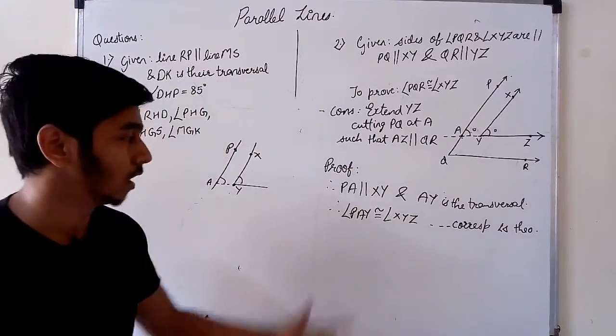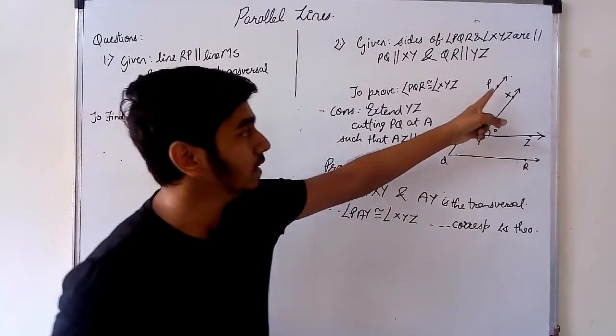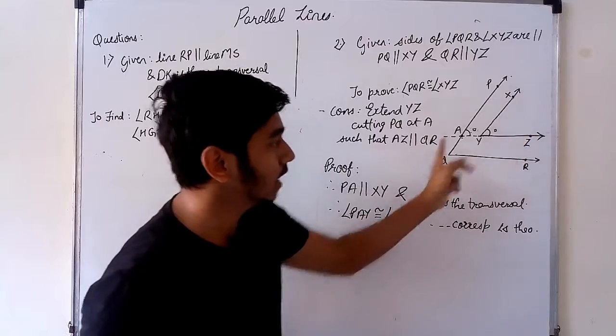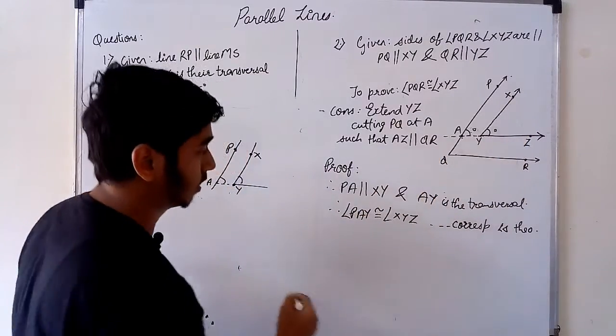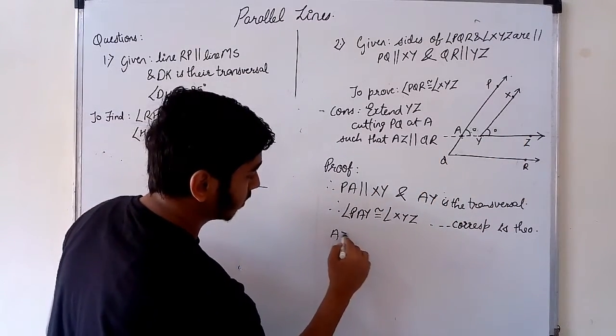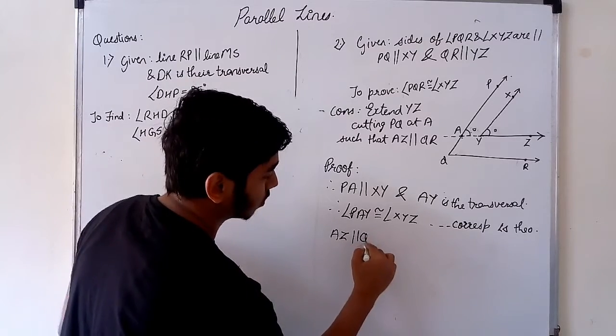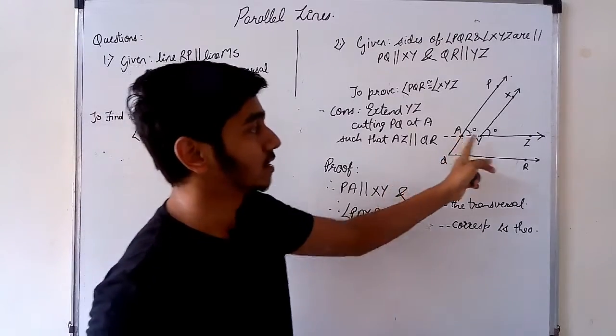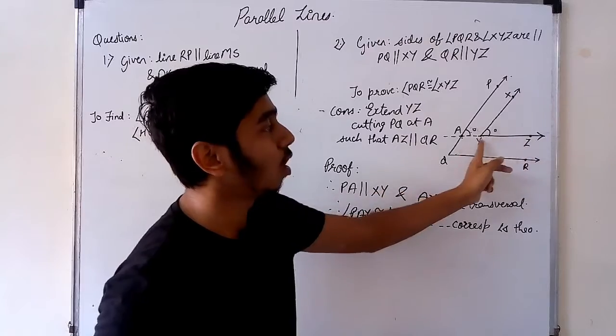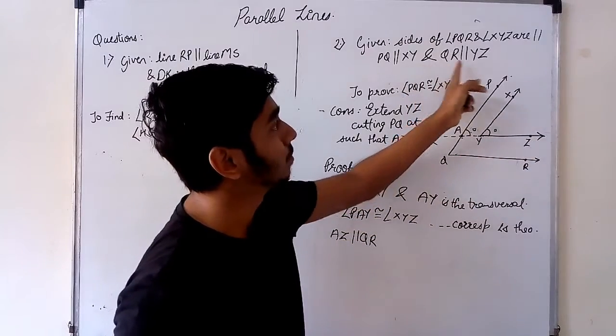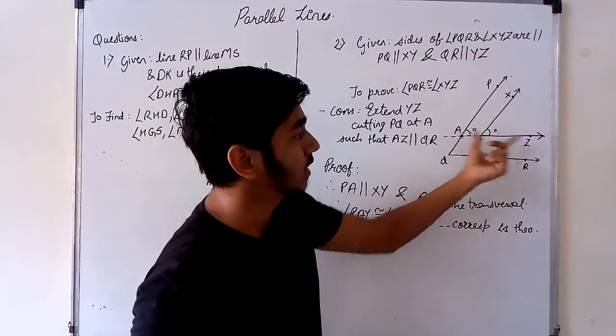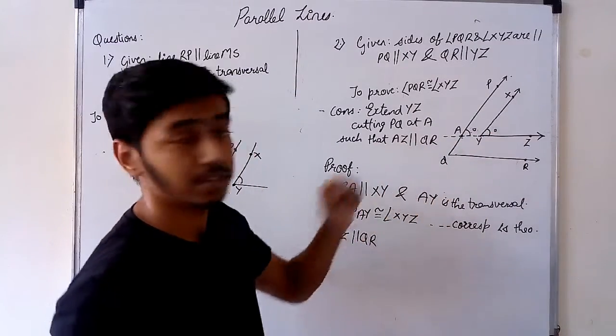Correct? Now using this, now can we say that AZ and QR, let's write that, AZ parallel to QR. Why? Because this is another pair of side, AZ or YZ, it is the same. AZ or YZ as per construction.